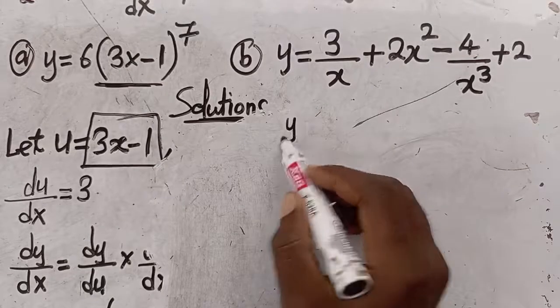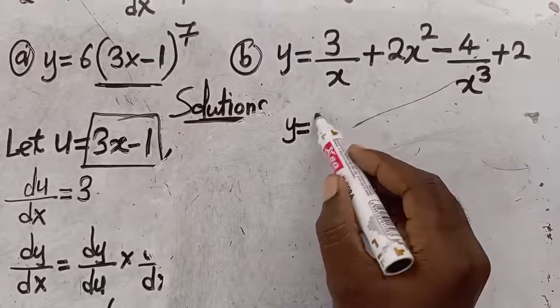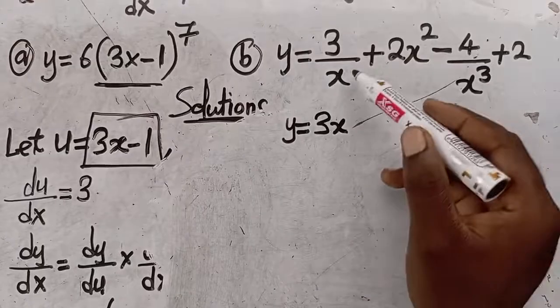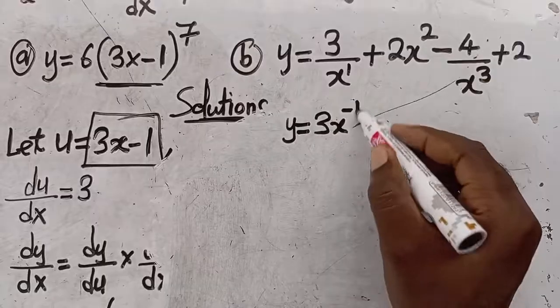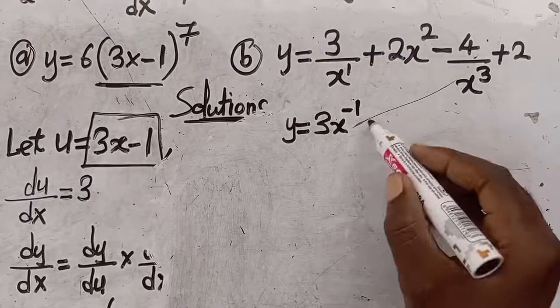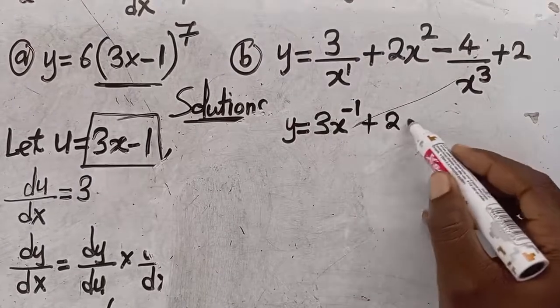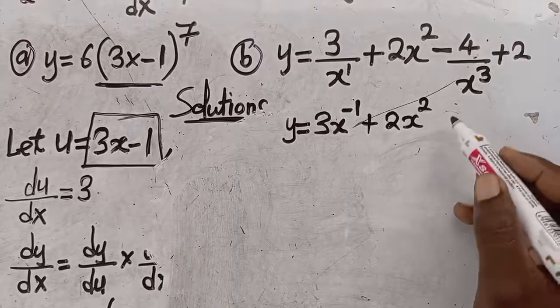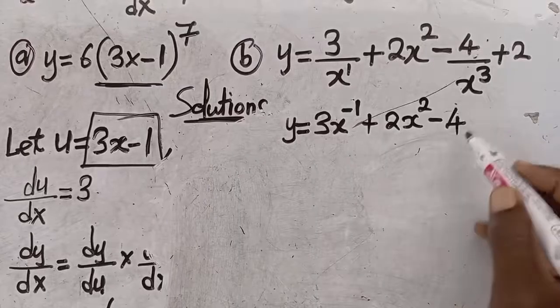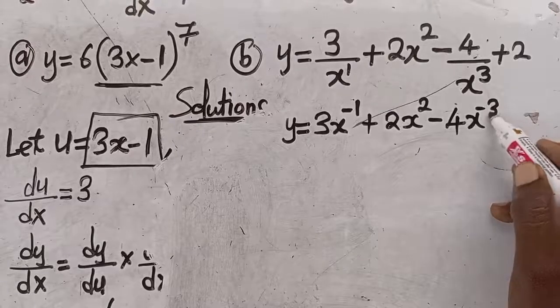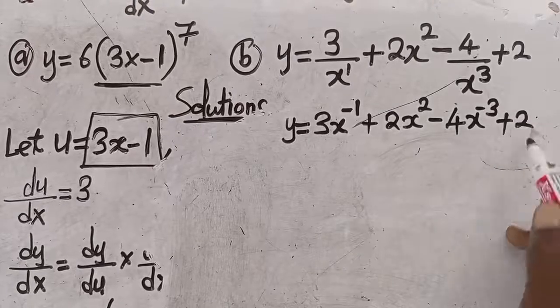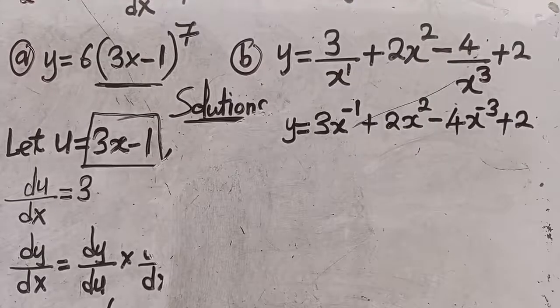So this is y is equal to 3x, since this one was having power 1, when it goes on top, it gets to have negative 1. Plus 2x squared minus 4. This is power 3. When it goes on top, it becomes negative 3, plus 2. This is what we are doing.